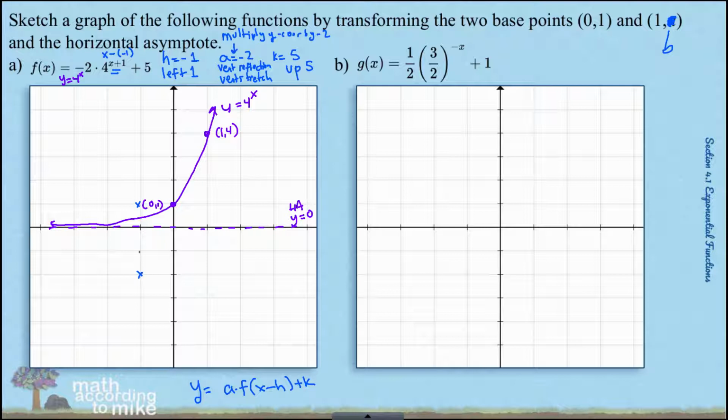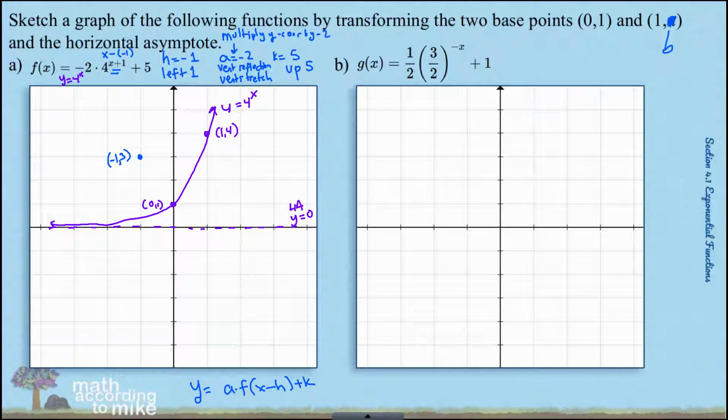So just count 1, 2, 3, 4, 5. That ends us up at negative 1, 3. 0, 1 moved to negative 1, 3. Left 1, multiply the y coordinate by negative 2 for the stretch and reflection, and then moved up 5.